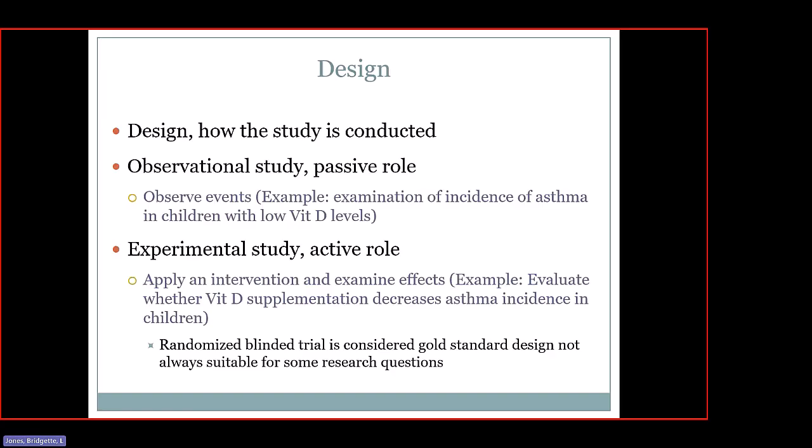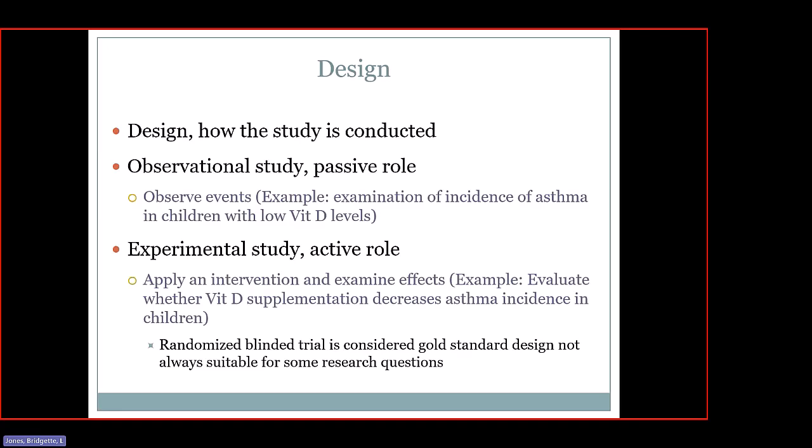So you're not applying an intervention, whereas in experimental studies you're applying an intervention. There's an activity going on, and you're looking at the effects of that intervention. An example would be an intervention of vitamin D supplementation, and looking at whether or not vitamin D decreases asthma incidence in children.